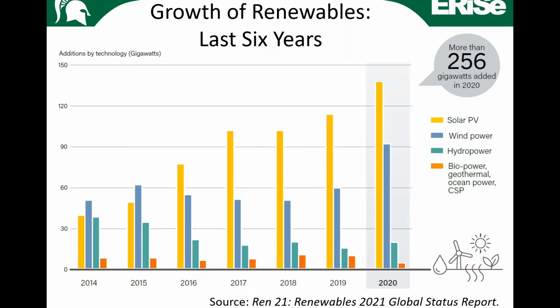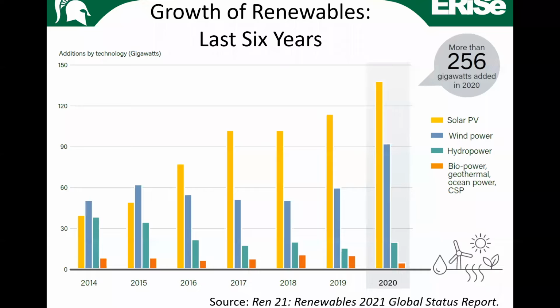If you look at the installed capacity in gigawatts, year by year, biopower, geothermal, ocean power, and CSP, which stands for concentrated solar power, have sort of ebbed and flowed. In 2020, not much was installed, but in the couple of years before that, quite a bit of it was installed.